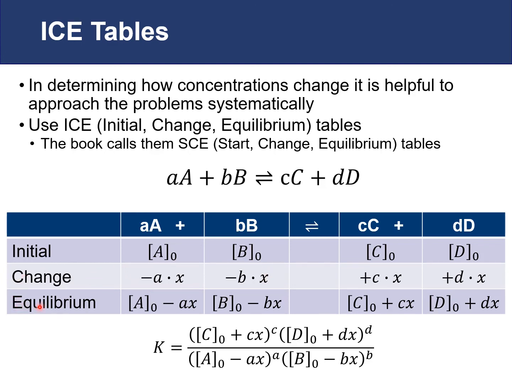In our equilibrium row, we will combine the initial and change to come up with expressions for each one of our components. We can then take the values for our equilibrium concentrations and plug them into our equilibrium constant equation, which is the concentration of the products raised to their respective coefficients divided by the concentration of the reactants raised to their respective coefficients. Note that for each one of these, we have small equations for each one of our concentrations that are coming from our equilibrium line.